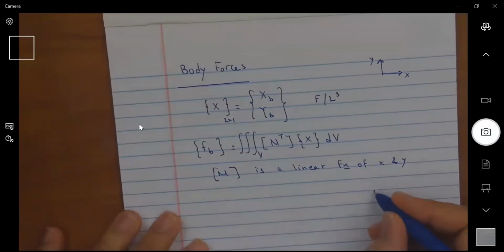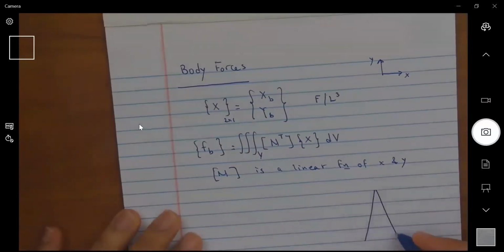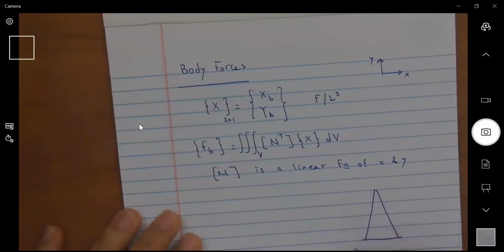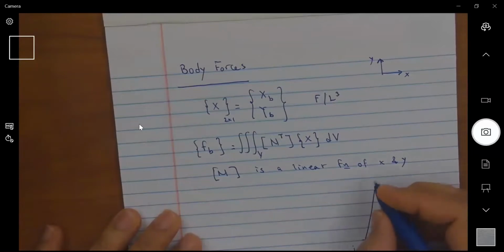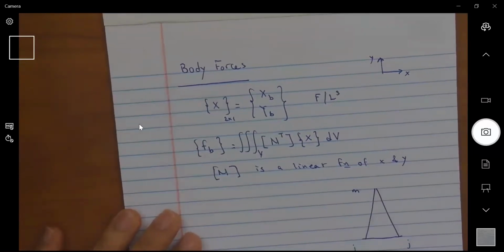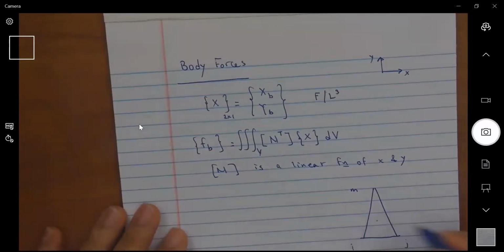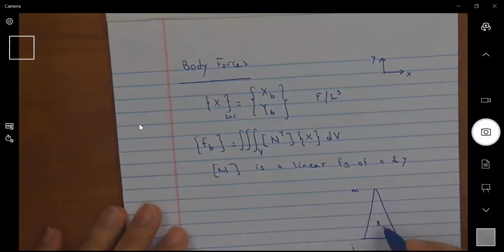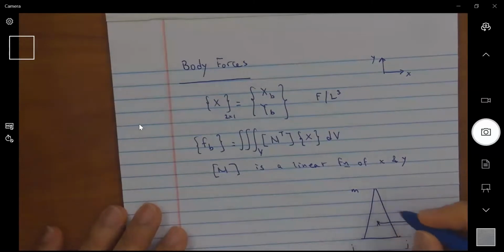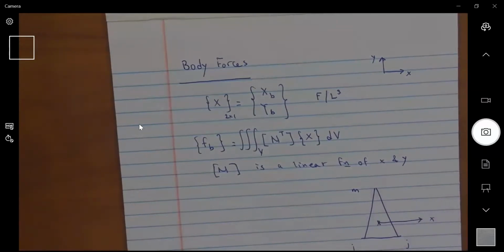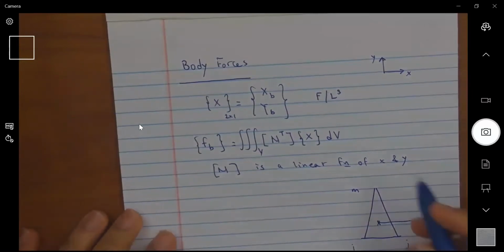If I show a triangular element with nodes I, J, and M, I am going to pick the centroid of that triangle to become the origin of my coordinates. This is not going to affect the general case, but it's just going to simplify the integration.